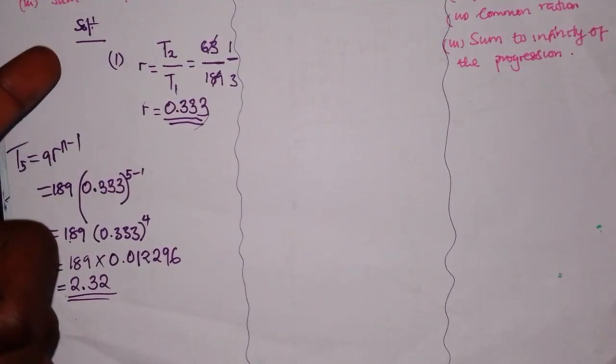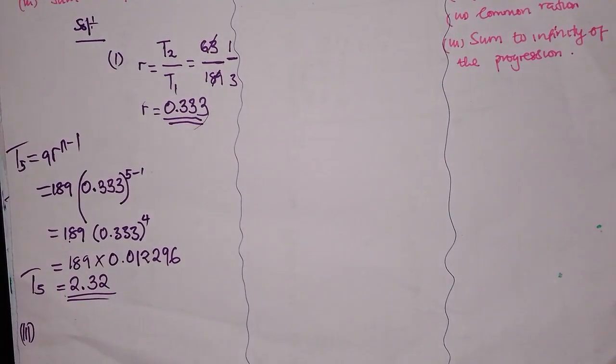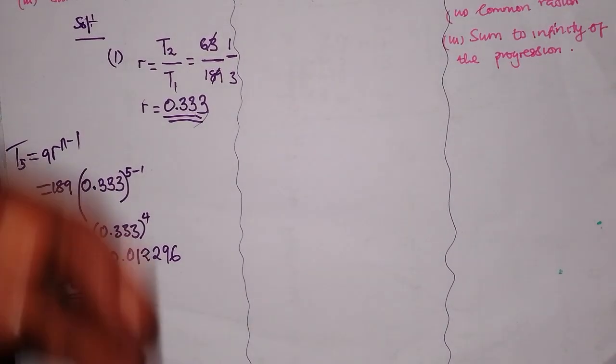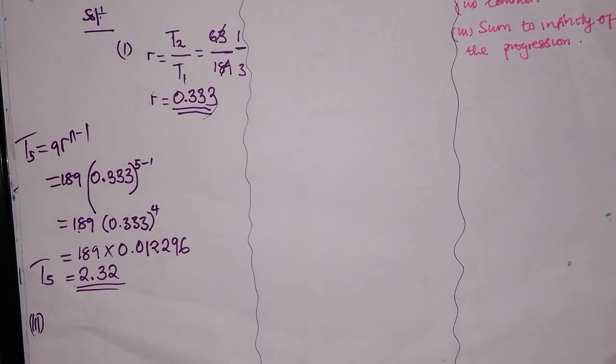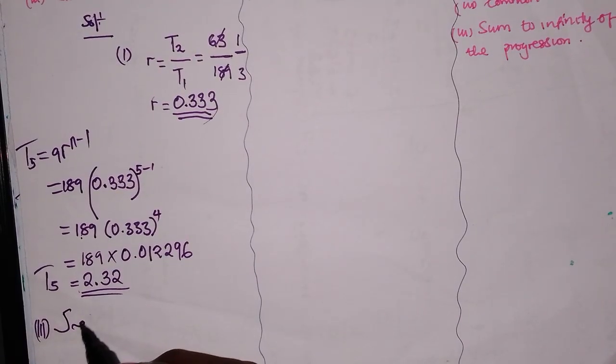If you found out that your common ratio is greater than 1, just know that you have made a mistake somewhere. So whenever you see sum to infinity, what should come into your mind is that the common ratio is less than 1. Now the formula for sum to infinity is this.